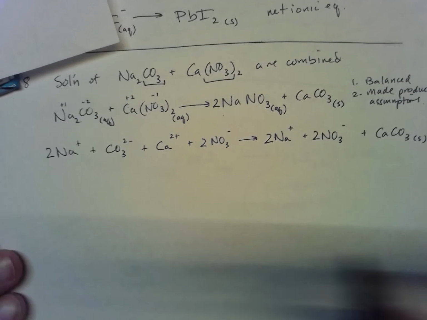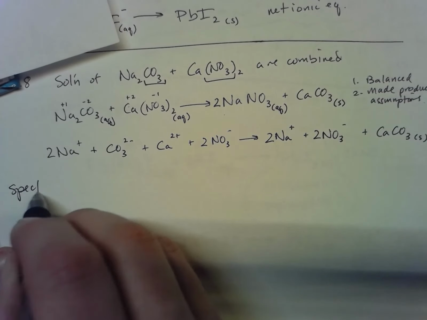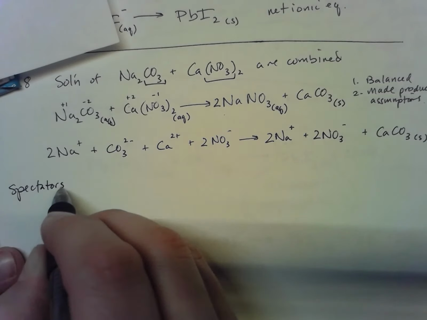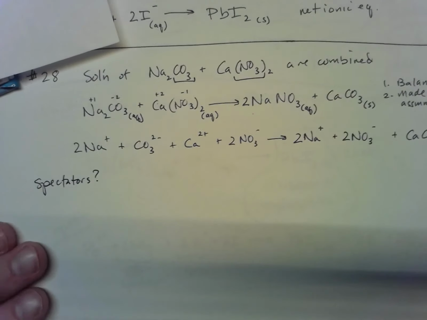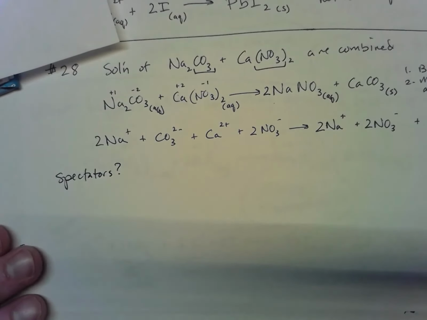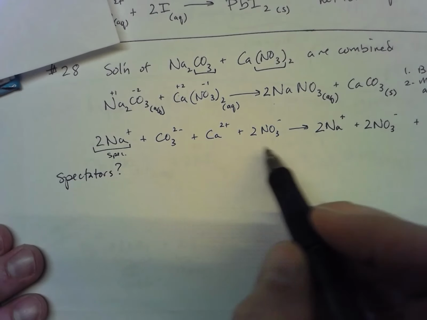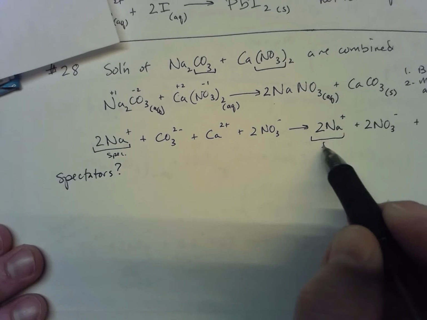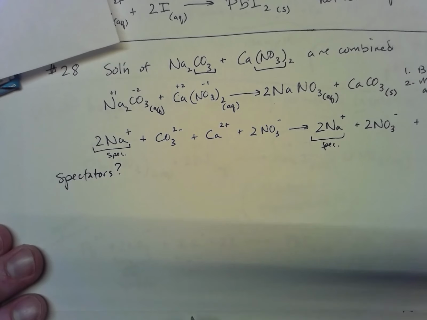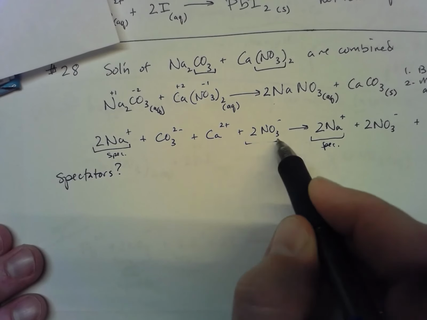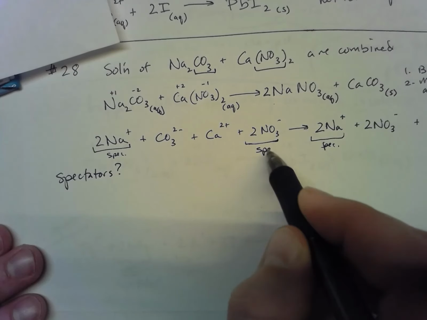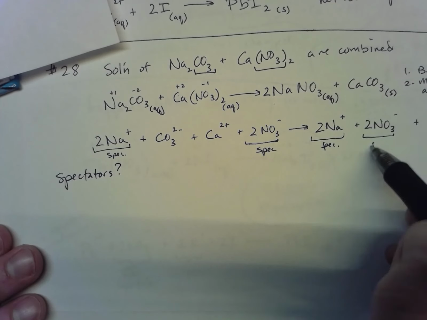Now, we need to look at the spectators. Wish I could draw better. All right, so who exists on both sides? This guy, he's a spectator because he's the same over here. This guy, he's a spectator right here. Okay?